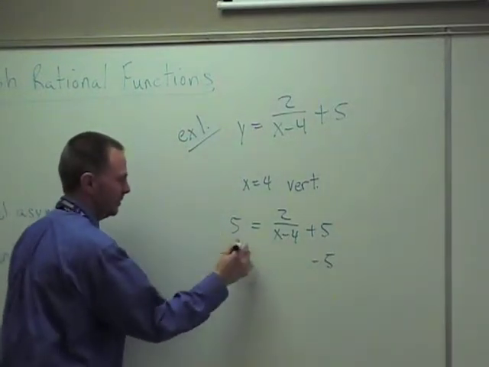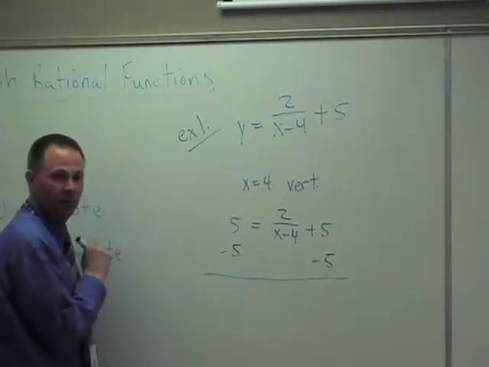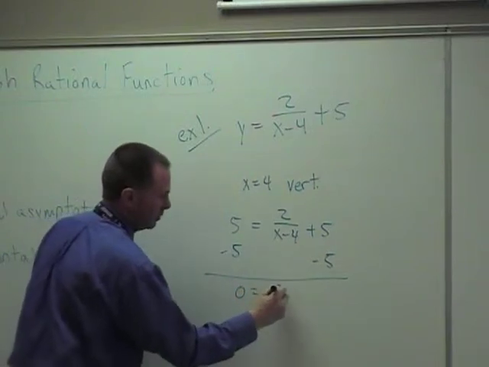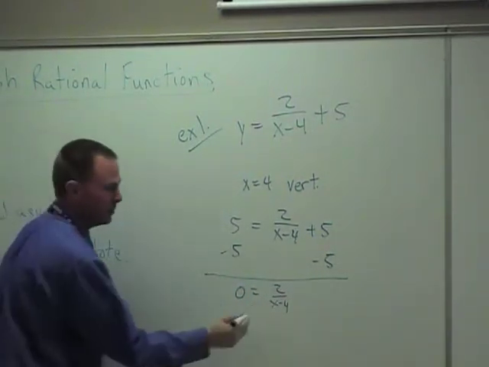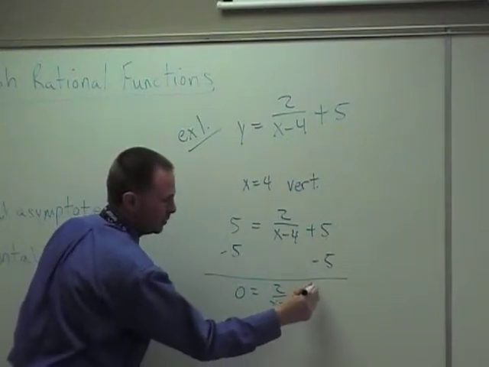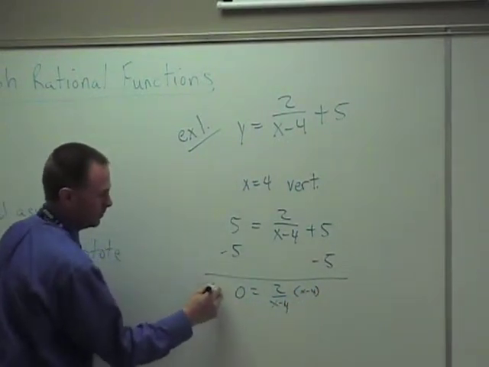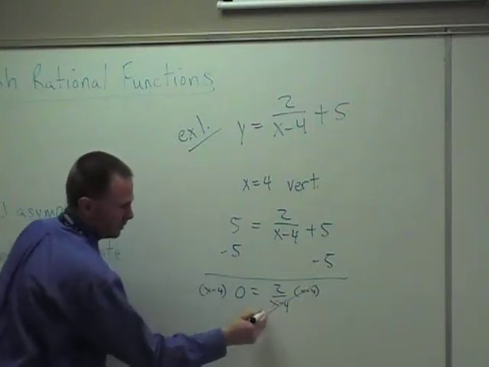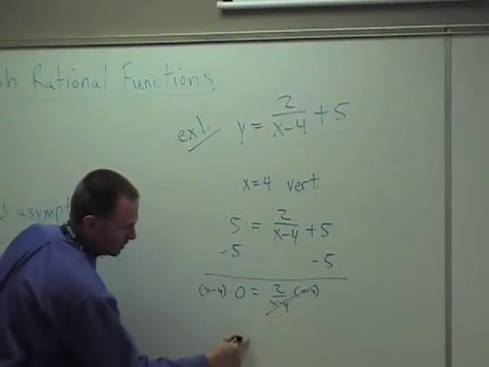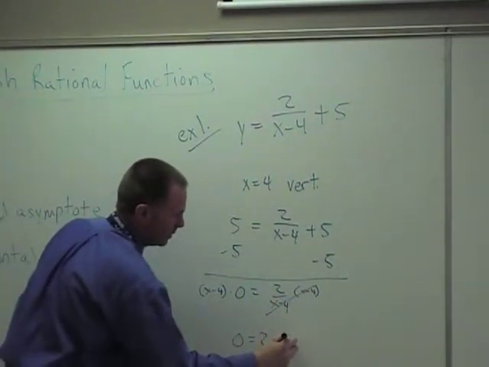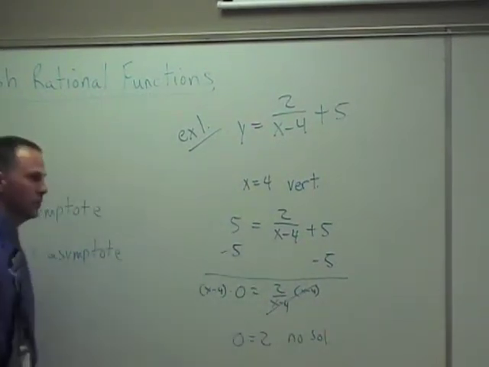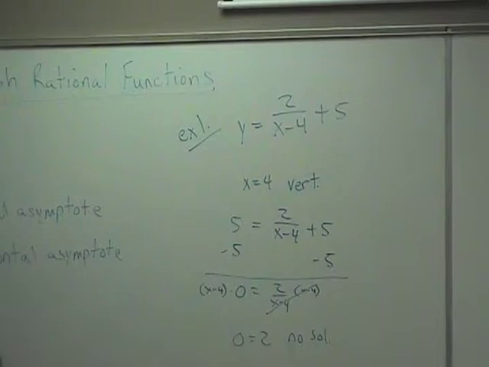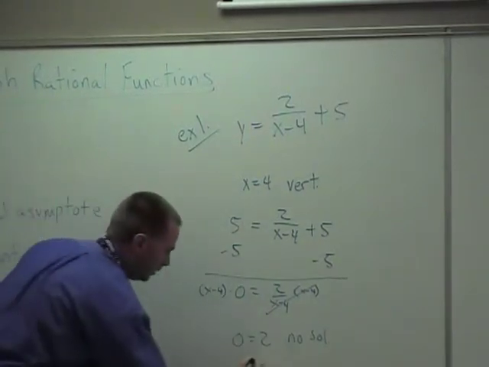Subtract 5. We're going to get the term that has the variable in it by itself. 0 equals 2 over x minus 4. Now we want to get x out of the denominator, so we multiply both sides by x minus 4. So now you have 0 equals 2. That's no solution. So what makes it no solution?